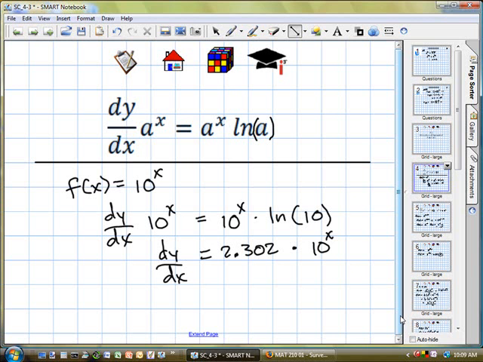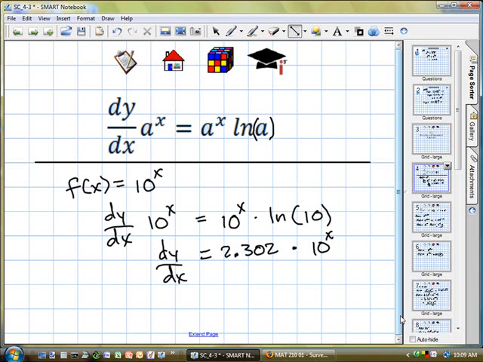Okay. Now, I did an example. I should be able to take this function 10 to the x and find its derivative based on that. The derivative of that is equal to itself multiplied by the natural log of its base, which in this case is 10.